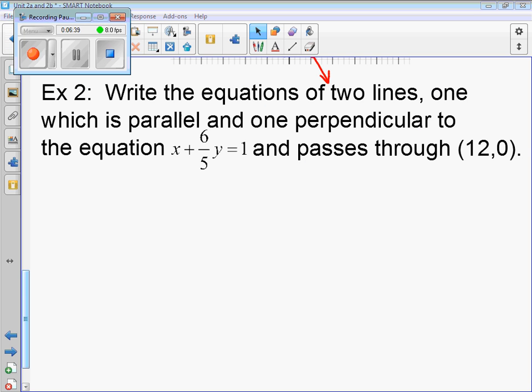For example 2, you're going to need to write the equations of 2 lines, one which is parallel and one that is perpendicular to the equation 5x plus 6y equals 5, and they have to pass through the point (12, 0). I would always, and you probably should too, get into y equals mx plus b, slope-intercept form.